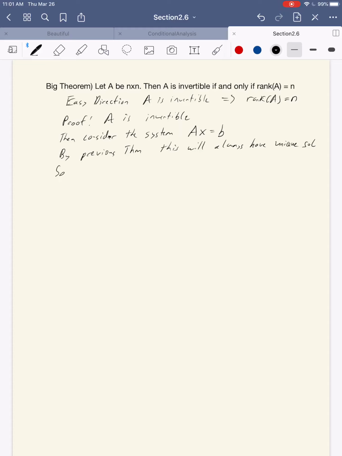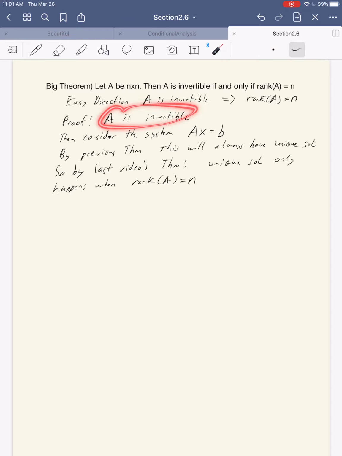So by last video's theorem, unique solution only happens when rank of A equals n. Well, there we go. We proved it. We just showed that if A is invertible, then rank of A equals n. So we've shown that easy direction. If you have something that is invertible, you automatically know that its rank is equal to its number of rows and its number of columns.